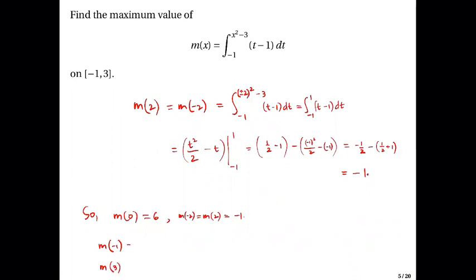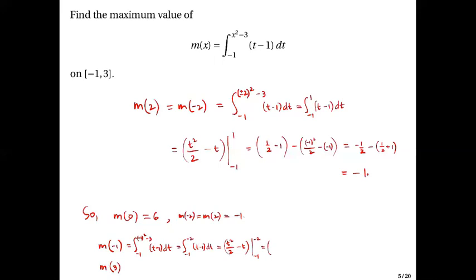M of negative 1 is the integral from negative 1 up to negative 1 squared minus 3 of t minus 1 dt. So this is just the integral from negative 1 up to negative 2 of t minus 1 dt. This will be t squared over 2 minus t, evaluated from negative 1 up to negative 2.